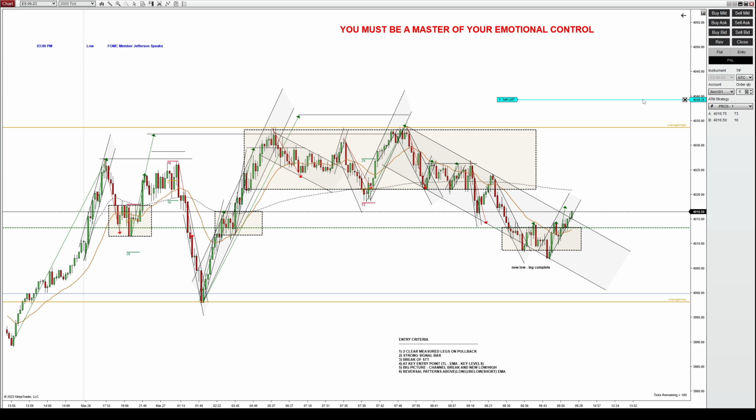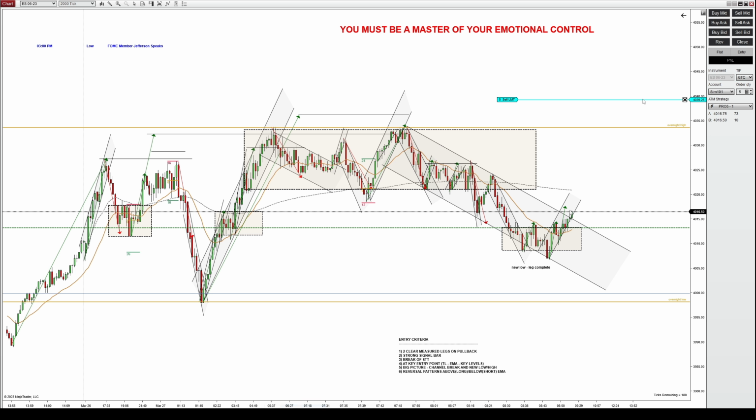and I was expecting or looking for a two-legged pullback. So basically, I was looking for a second entry short. So right here, I measure these legs. There's the first one, so I was anticipating in this area that we would see a signal bar for an entry on a second entry short.